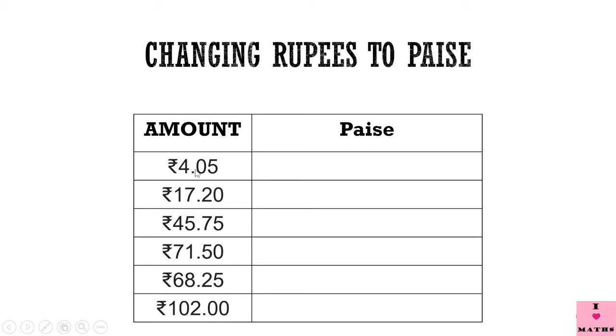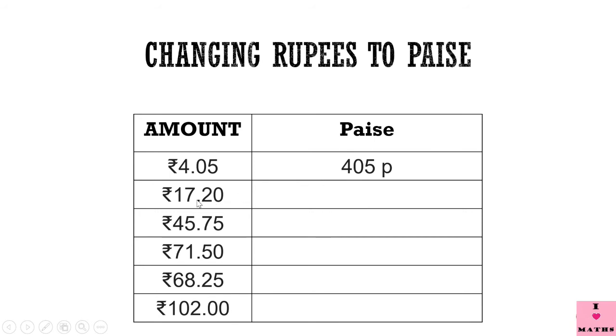That will make 405 paise. So children, to change this into paise, you just remove this point beta, and whatever answer is there, that would be paise. So rupees 4 and 5 paise is equal to 405 paisa. So this is how we write 405 paise.